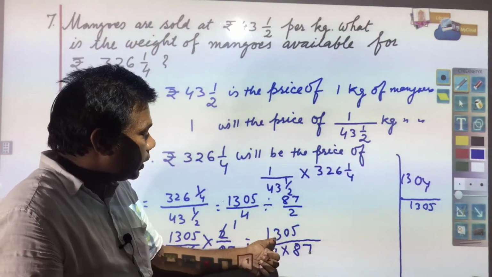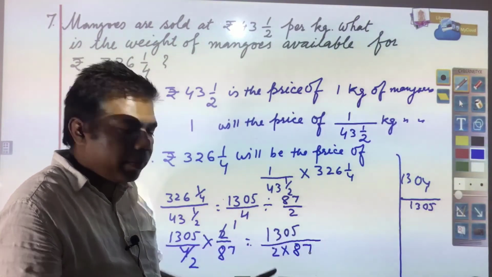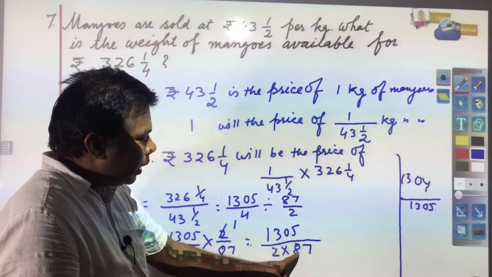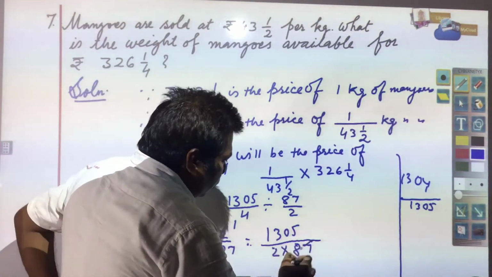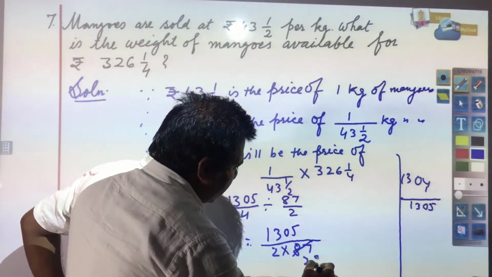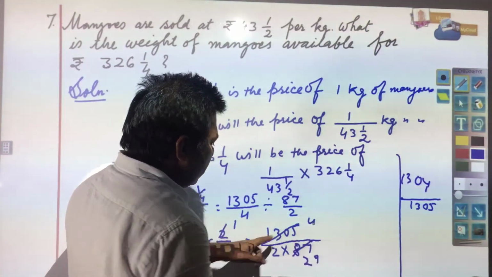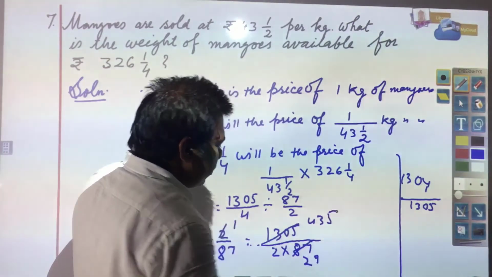So just see whether this can be cancelled or not. 1 and 3 is 4 and 5 is 9, so this will be cancelled by 3. 8 and 7 is 15, again this will also be cancelled by 3. So 3 twos are 6 and 3 nines are 27, 3 fours are 12, and 3 threes are 9, 3 fives are 15.